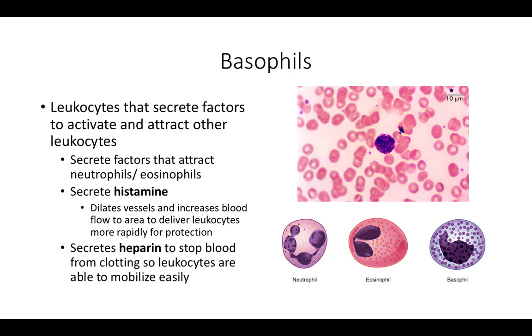These basophils will secrete factors that'll attract the neutrophils and eosinophils or other leukocytes to that site. Basophils also secrete histamine, which is really important in dilating your blood vessels. Okay, and that's important because when we dilate blood vessels, we increase blood flow, which is really important for inhibiting infection because it's going to deliver the leukocytes more rapidly to whatever area we need them to get to so that we can remain protected from infection.